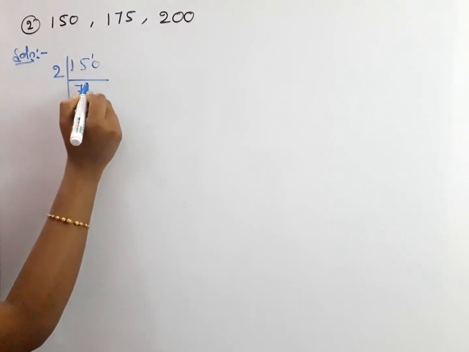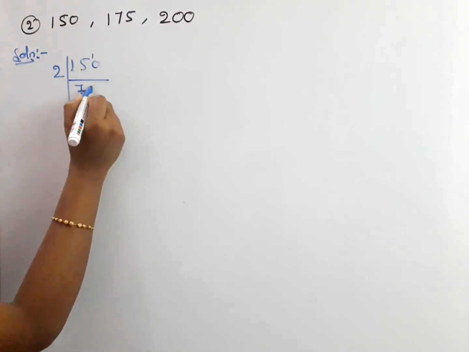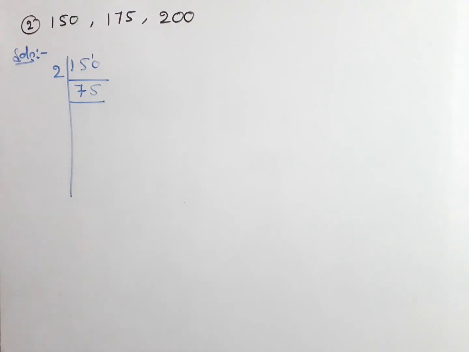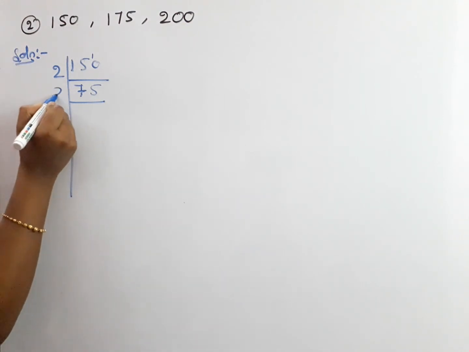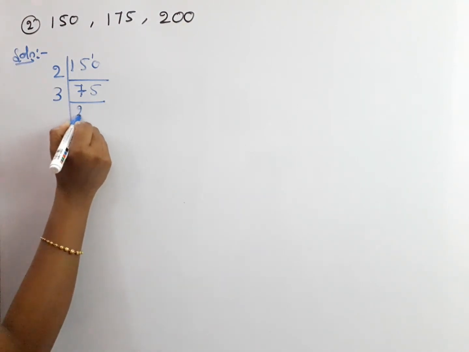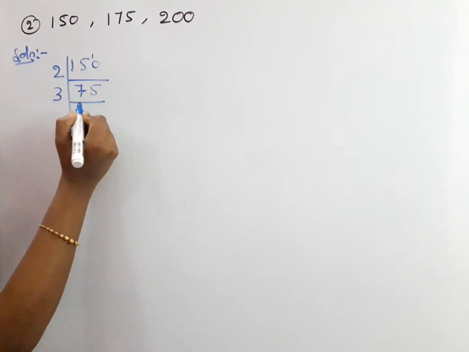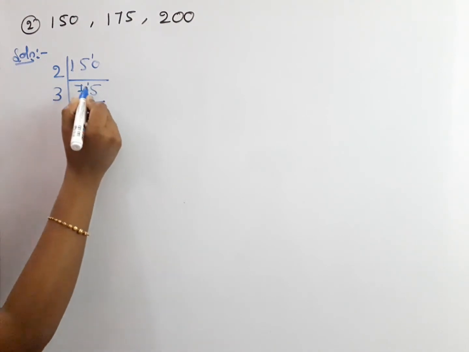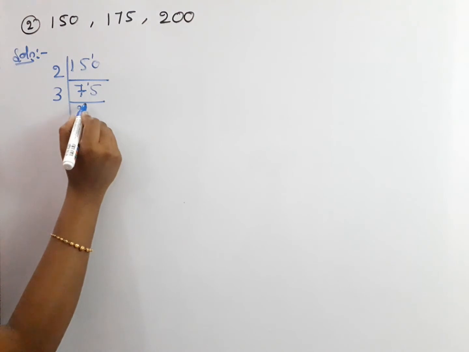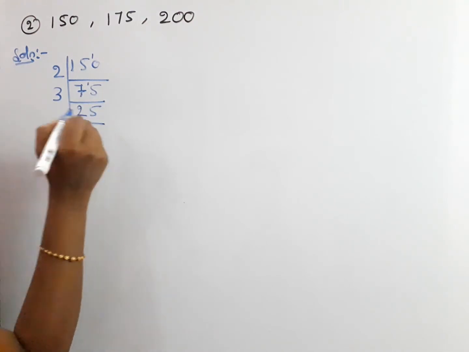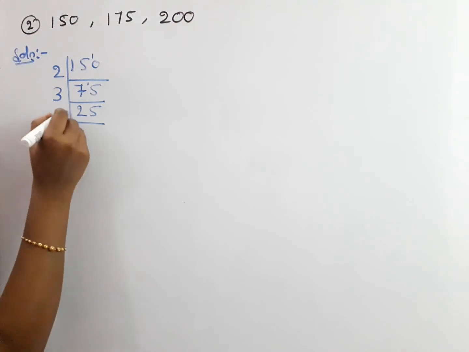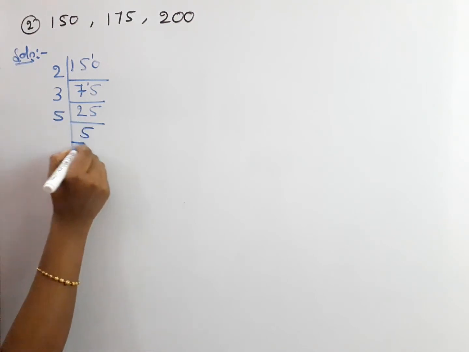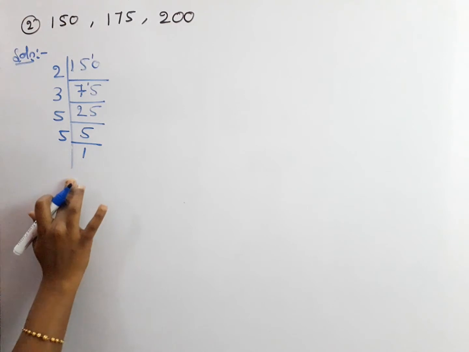So 1 is the carryover, so it becomes 10. 2 5s are 10. Then 3 2s are 6, 7 minus 6 is equal to 1. So write 1, then it becomes 15. 3 5s are 15. Then 5 5s are 25. 5 1s are 5.